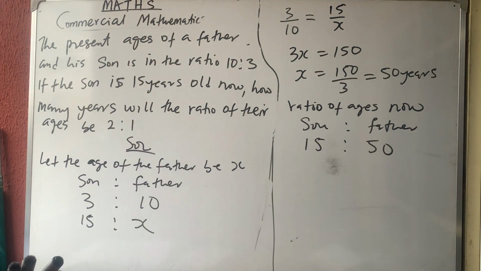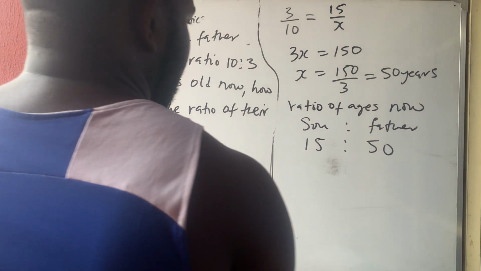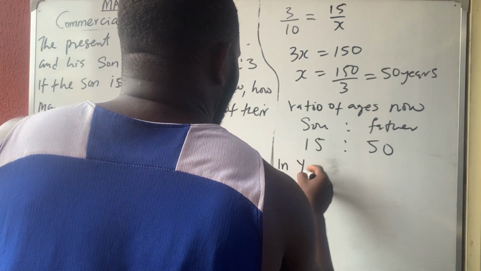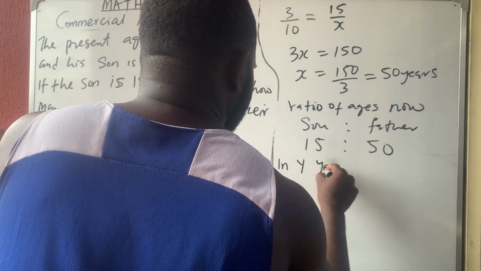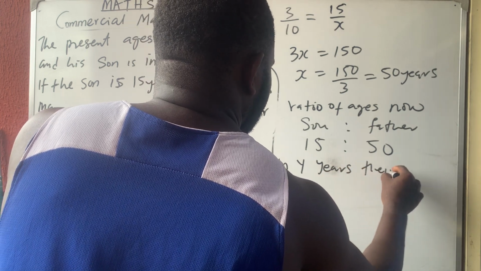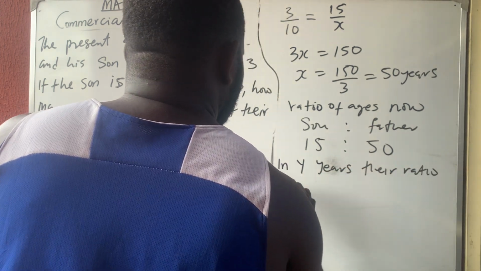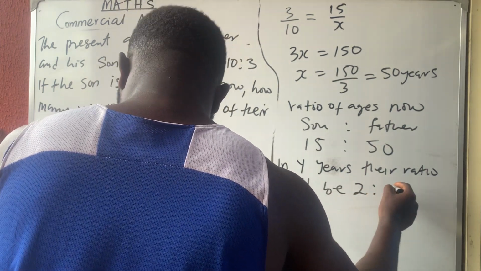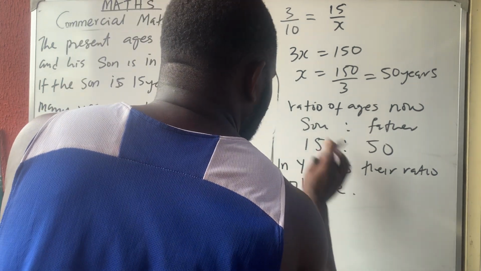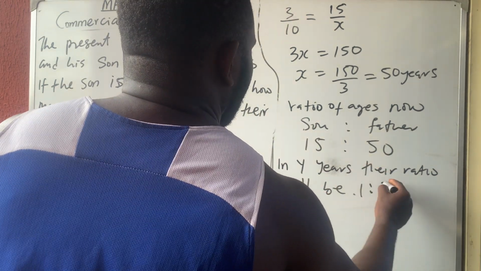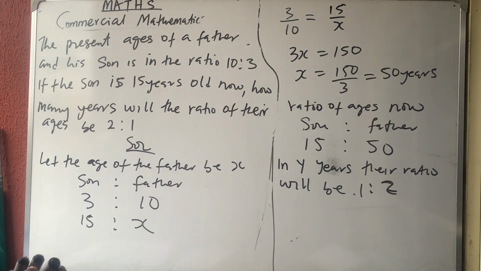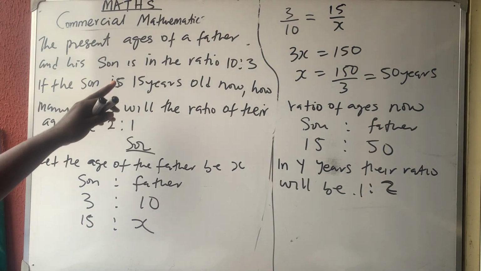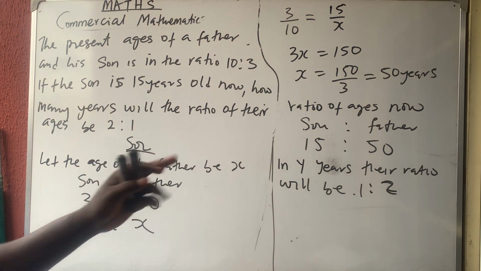So now let's say in y years their ratio will be 2:1. Okay, sorry, 1:2 because I wrote son before father. 1:2. Right? So their ratio is going to be 1:2 because what they said here is father first before son, please. So you have to be very, very careful.